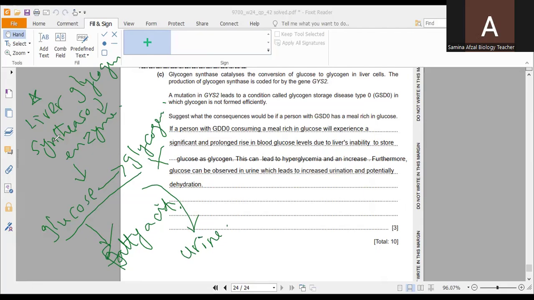Glucose is an osmotically active substance, so its presence in the urine can draw more water.